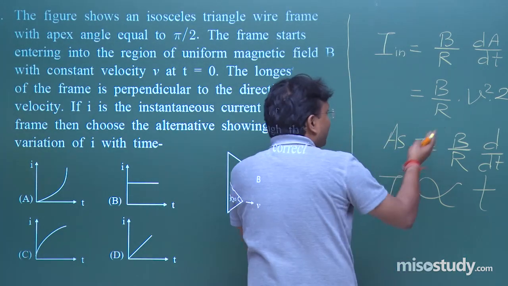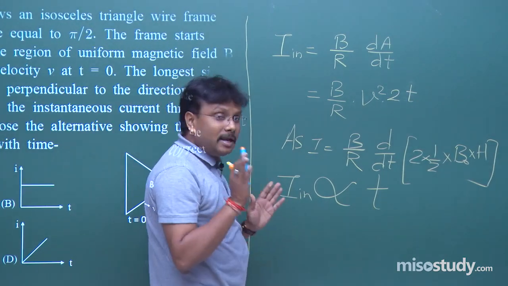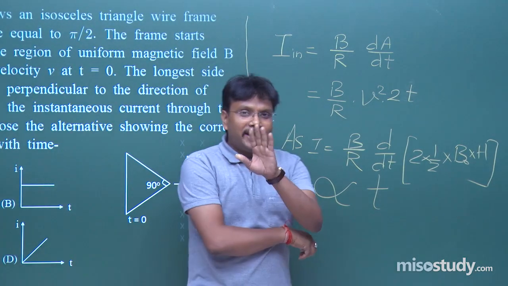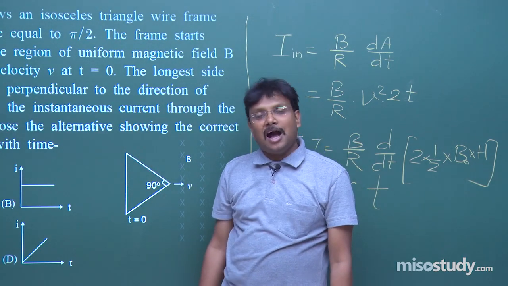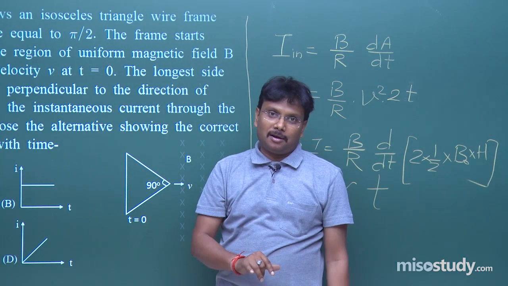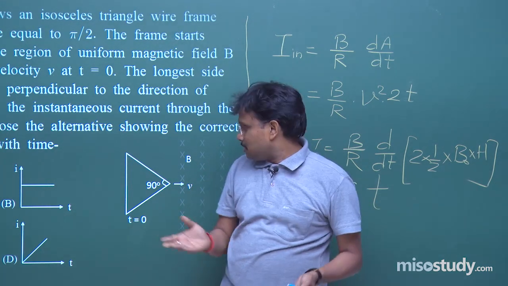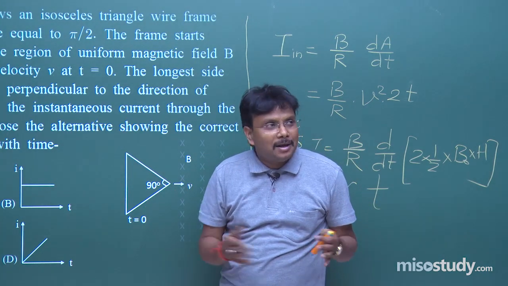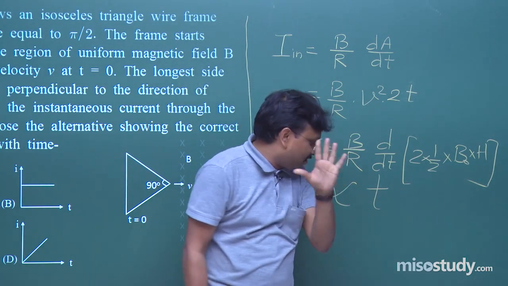So, is it a difficult situation? Not at all. Here the only important aspect is, if rather than this triangular shape wire, I introduced a circular wire, rectangular wire, square, calculating area is simple. Here area calculation is slightly tricky, that is it, fine.